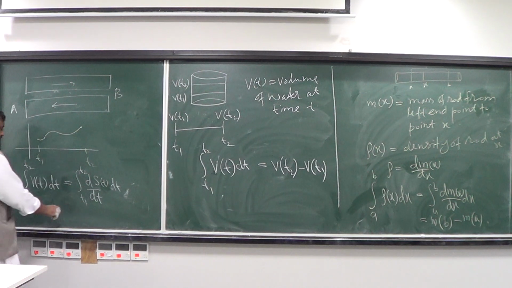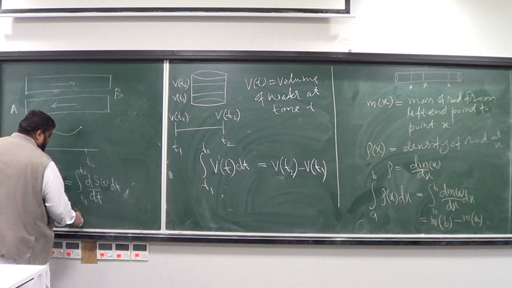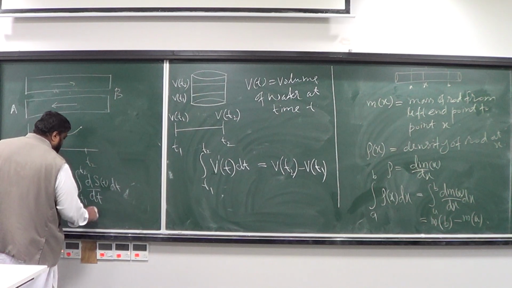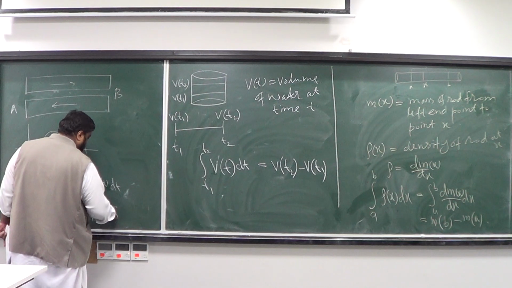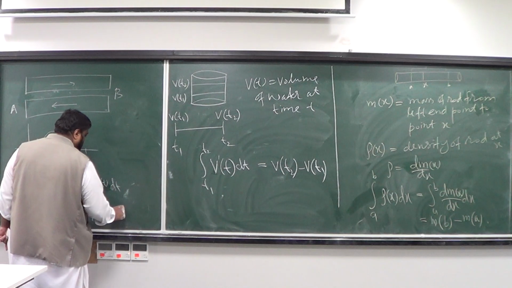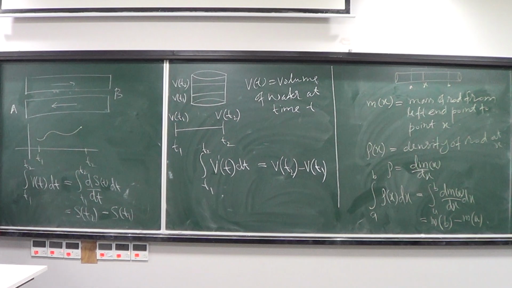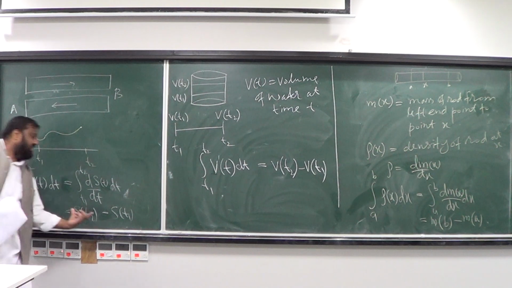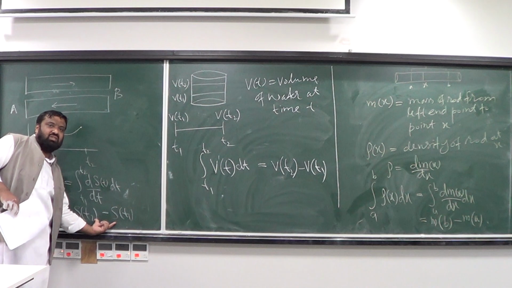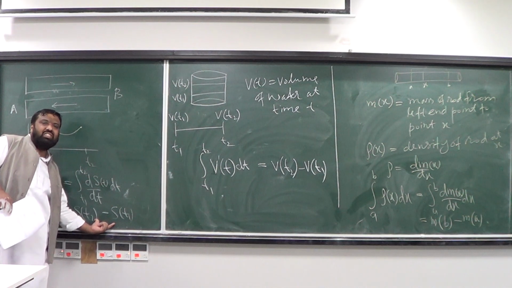This would be s of t2 minus s of t1. In other words, the distance that you covered up to the time t2 minus the distance that you covered up to the time t1. So this is the displacement between the instants t1 and t2.